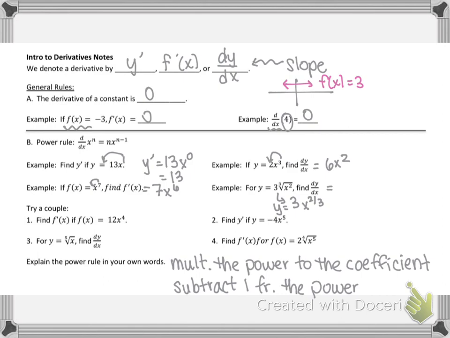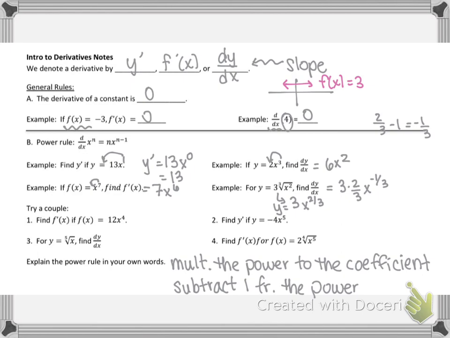So when we take our derivative, we're going to bring the power and multiply it times the coefficient. So I'm bringing the power down, multiplying it times the coefficient, and then I subtract 1 from the power. So 2/3 minus 1 gives me -1/3.